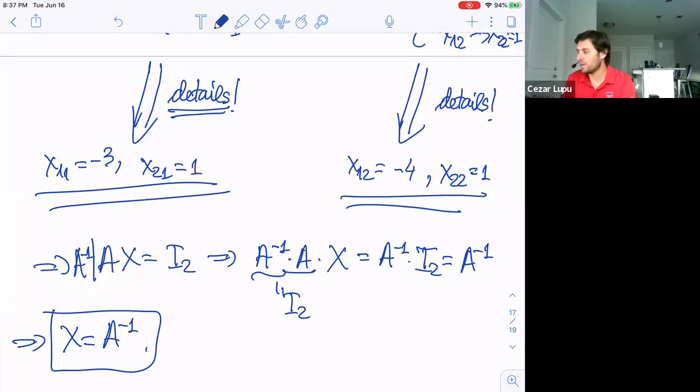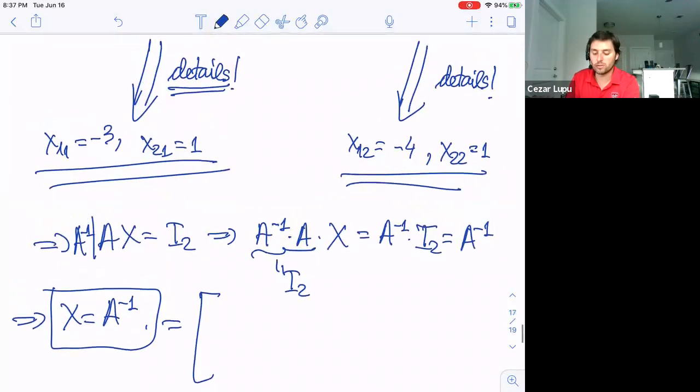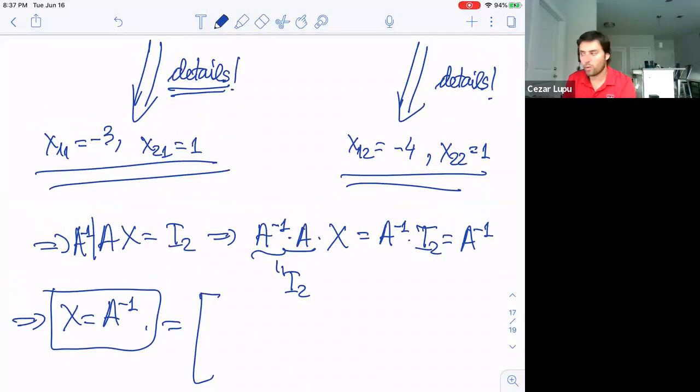By just solving this, in our case, the inverse is given by the following matrix. So these are the solutions of the two systems. x11 is -3, x12 is -4, then x21 is 1, and x22 is 1. So that's the inverse.